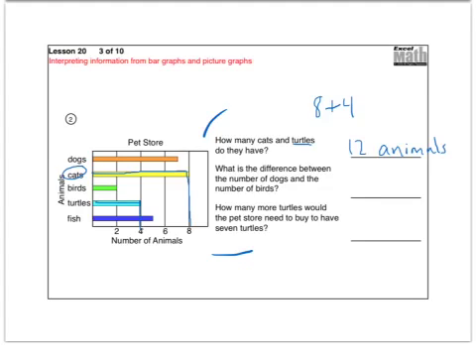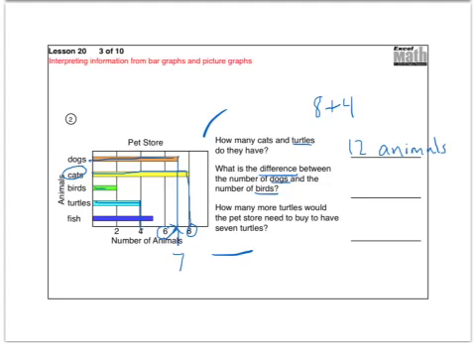What is the difference between the number of dogs and the number of birds? We're looking for the difference here, which means we have to find out how many more of one than the other. If you look at dogs here, that comes out partway between the 6 and the 8. And what number would fall right in there between 6 and 8? Of course, that would be 7.